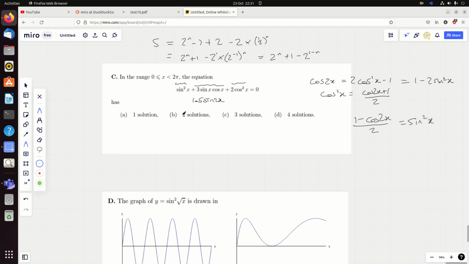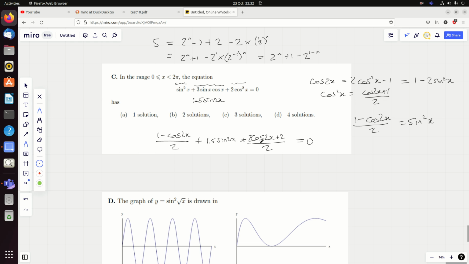So what have we got here? To write it all out properly: 1 minus cos 2x over 2 plus 1.5 sine 2x, and then plus a half, well, 1. I'm going to write it as 2 cos 2x plus 2 over 2 equals 0. I hope you can see I've just doubled the numerator purely because I've got a common denominator. Then I can see what this simplifies to quickly.